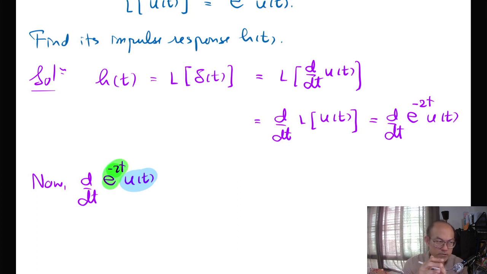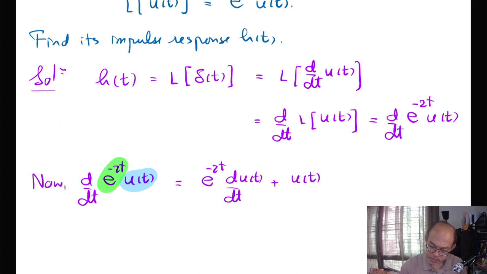When we see this, we think of the product rule of differentiation, right? So this is equal to e to the minus 2t du by dt, plus u of t d by dt of e to the minus 2t. This is the product rule of differentiation.